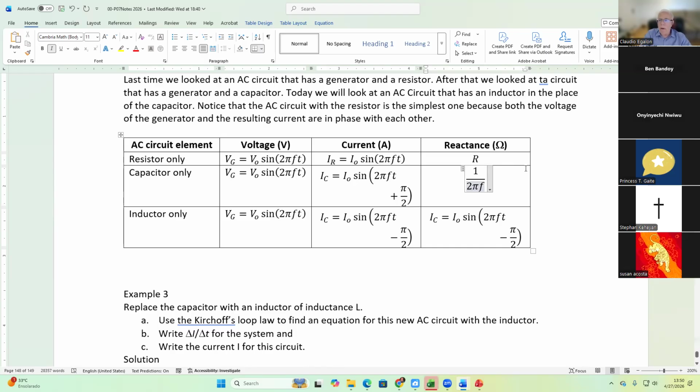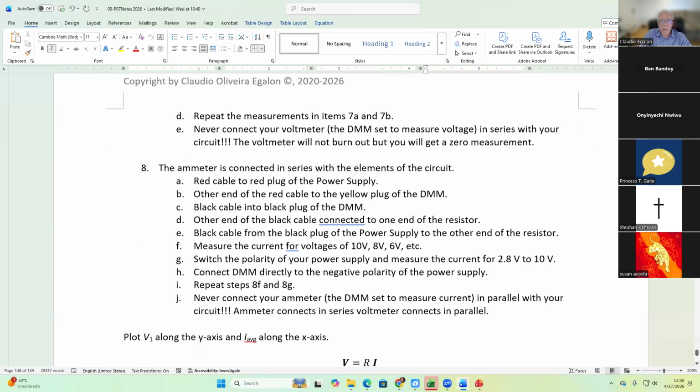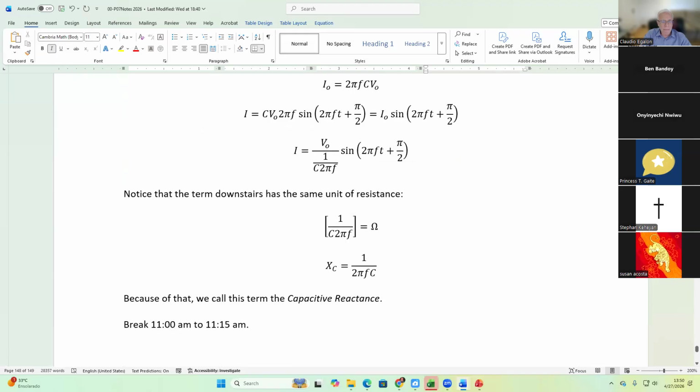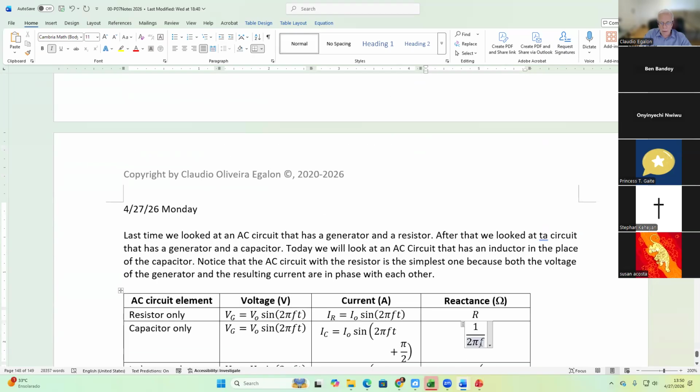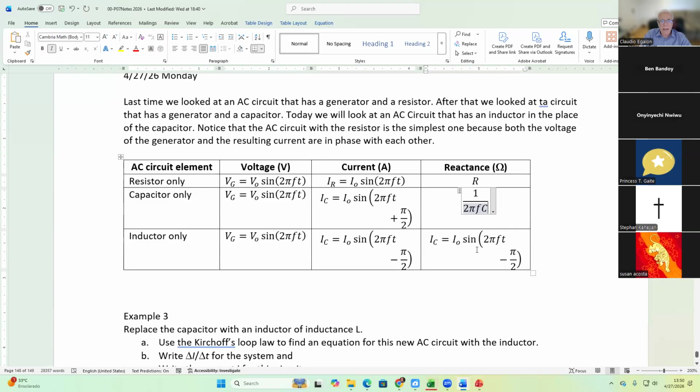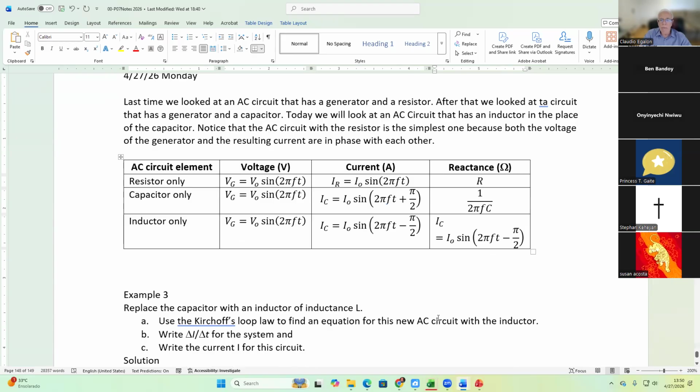Let's go back here. There's the capacitance, C, 2 pi f C. And then here we are going to find out reactance.